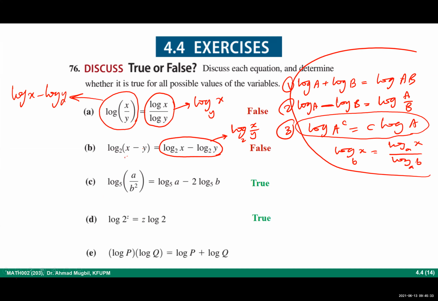Let's go to E, and let me ask Abdul Malik al-Dakhil. Abdul Malik, what do you think about E, true or false? I think it's false because we only add when the factors are multiplied, like A and B in the first law.